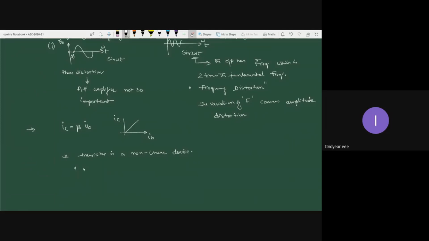So such a distortion is called amplitude distortion, or harmonic distortion, or non-linear distortion. Okay, synonyms.